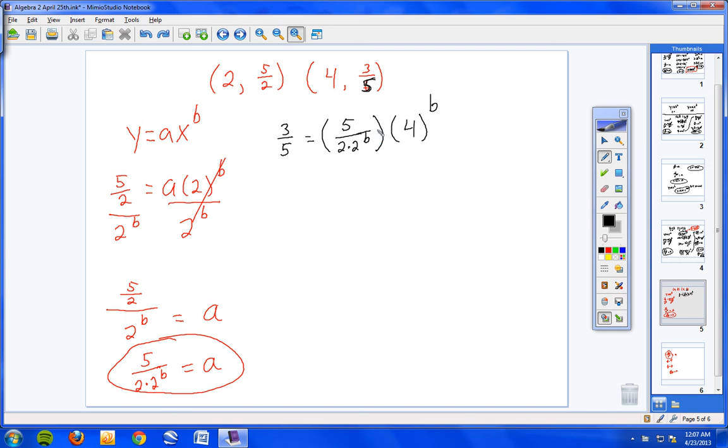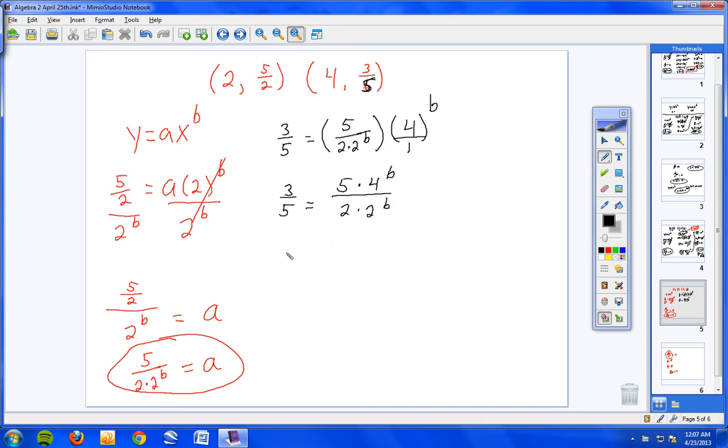We're still trying to solve for b. So like in the previous problems, I'm going to put this over 1. I'm going to multiply these 2 fractions together. And so I would have 3/5 equals 5 times 4 to the b. Please don't put 20b. That would be incorrect. And then 2 times 2 to the b times 1. That would be 2 times 2 to the b.